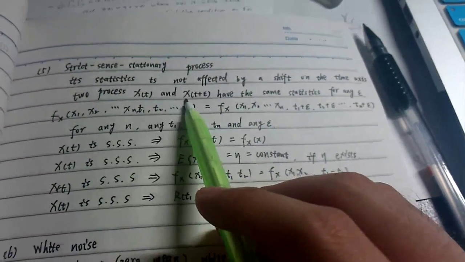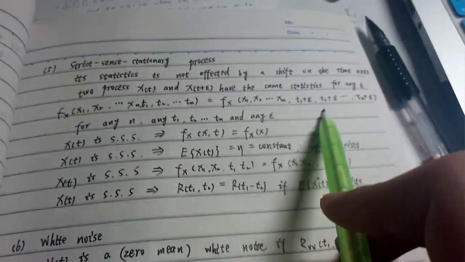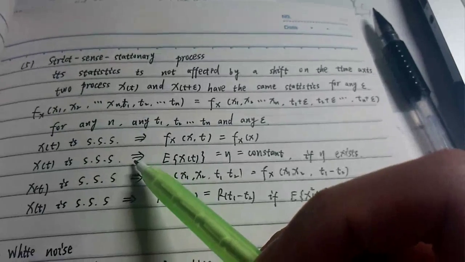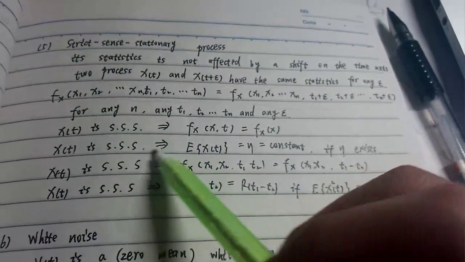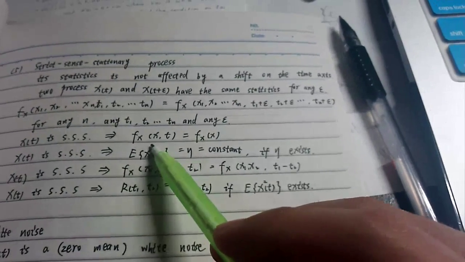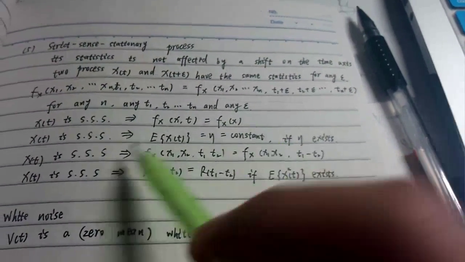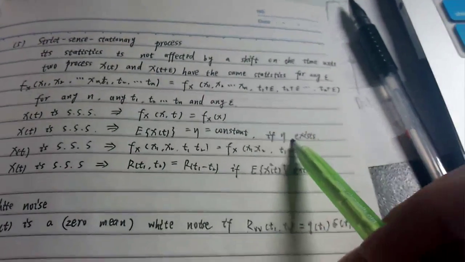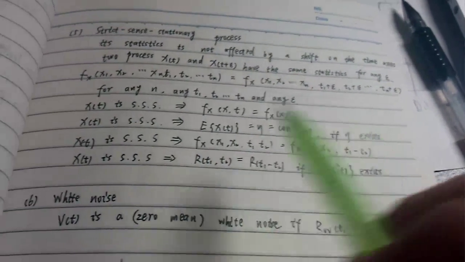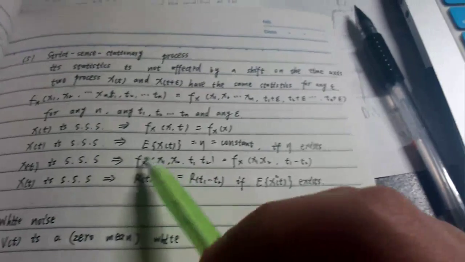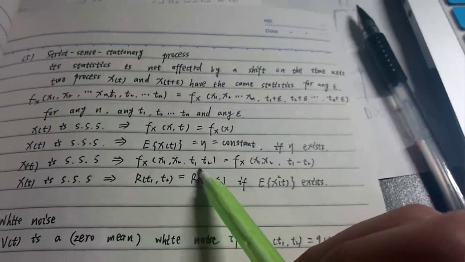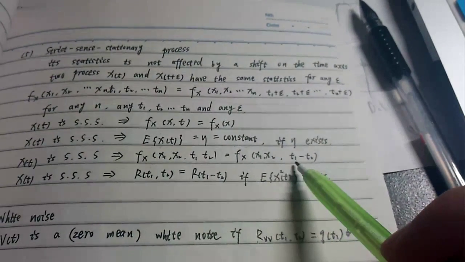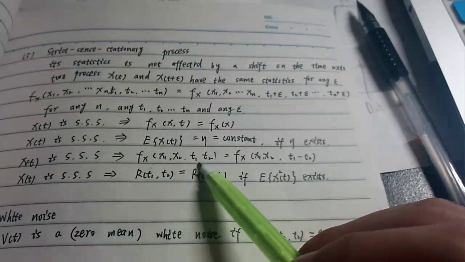This sentence can be rewritten as this equation, and there are many properties of SSS processes. We can see F(x;t) is equal to F(x), and the mean of Xt is a constant if the mean exists, and the PDF of an SSS process is related to t1 minus t2, not t1 and t2.